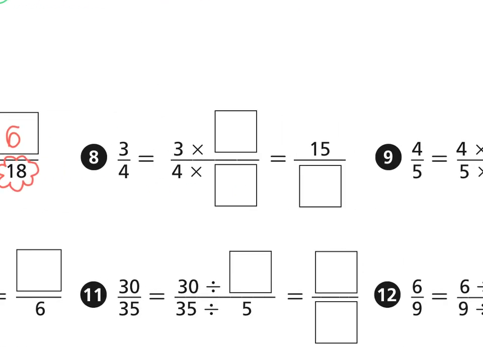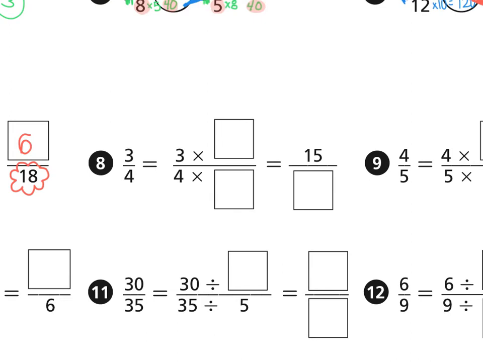All right. Let's have Bryn. Can you do number 8 for me? Okay, number 8. So first, you see how many times 3 can go into 15, which is 5.